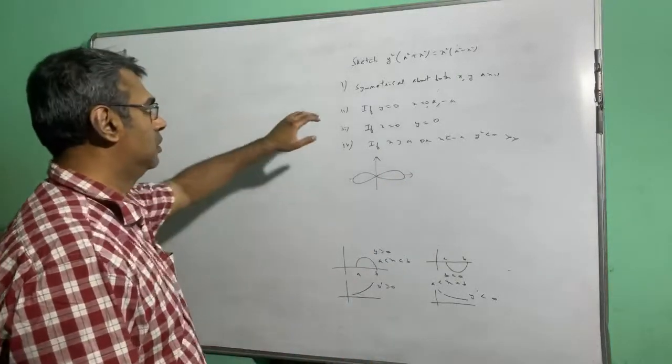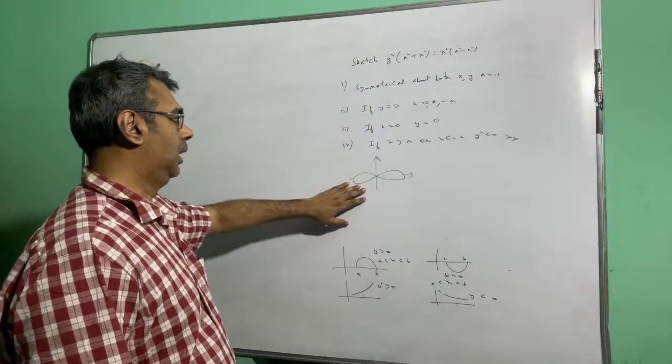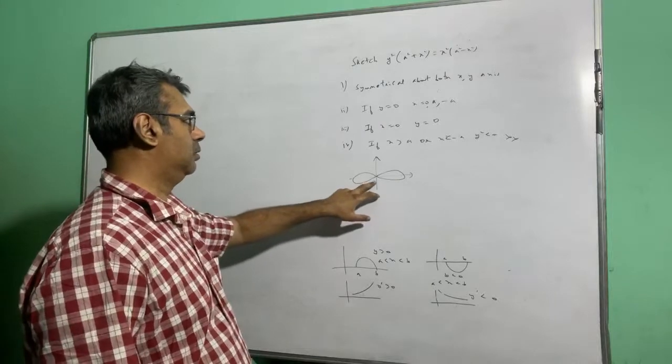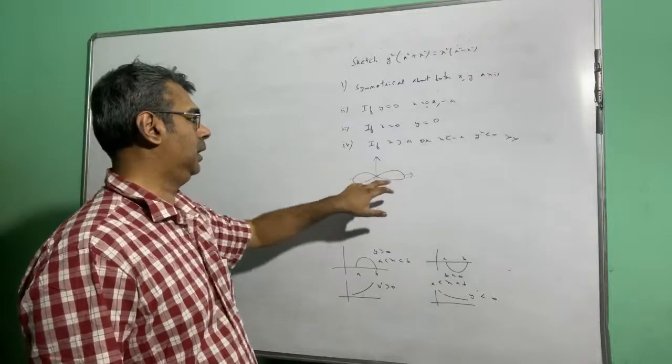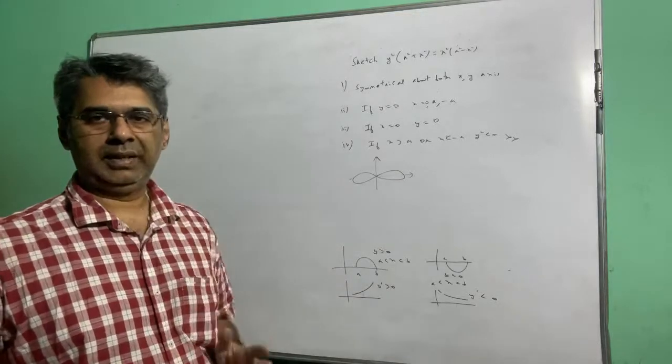So this is the graph and this is how it will look. At a, minus a and 0, y is 0, and beyond a and beyond minus a there is no graph. So this is a general technique, you can say, for drawing graphs.